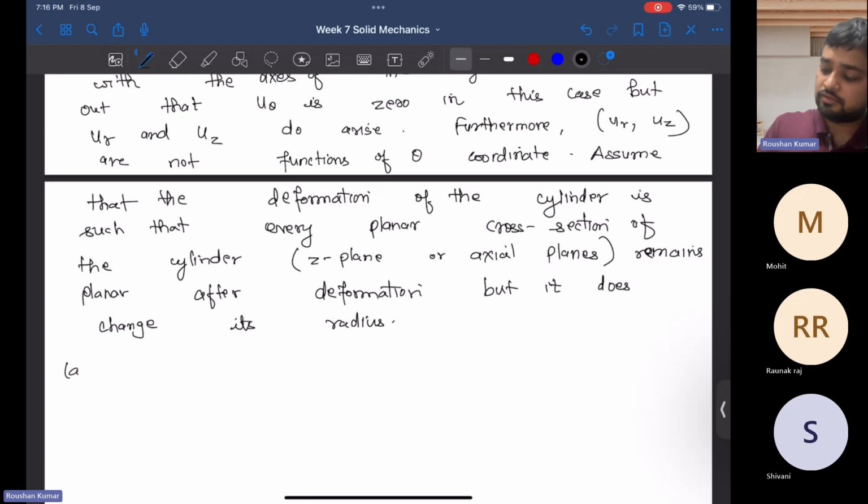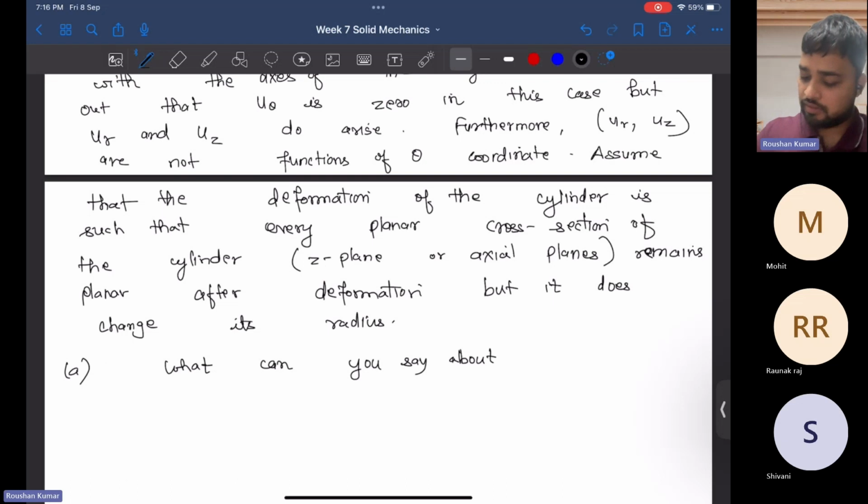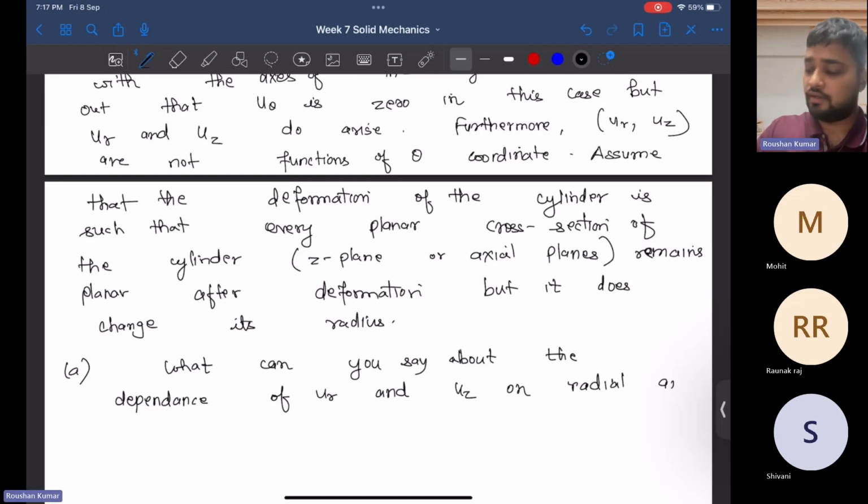So we have questions based on the statement above. The first part of the question is, what can you say about the dependence of ur and uz on the radial and axial coordinates, that is r comma z.